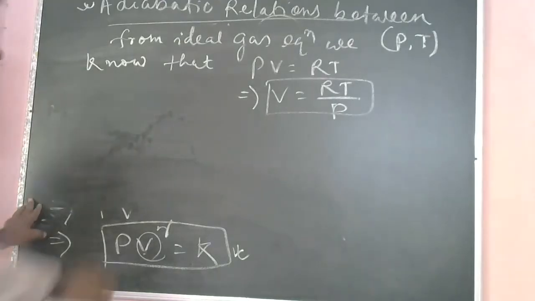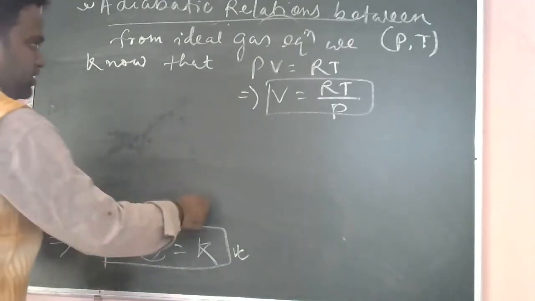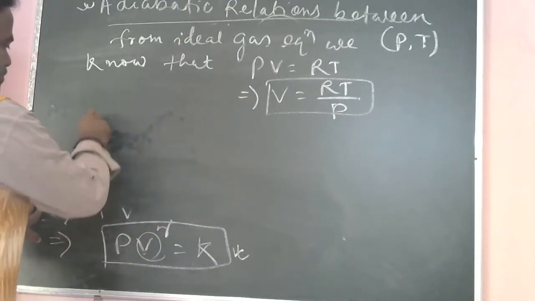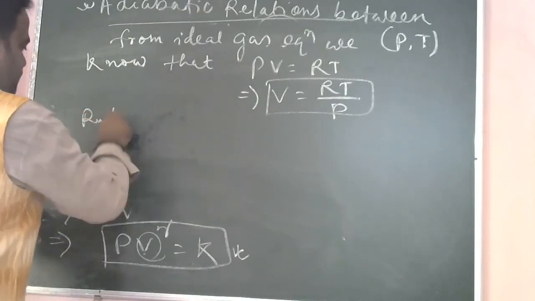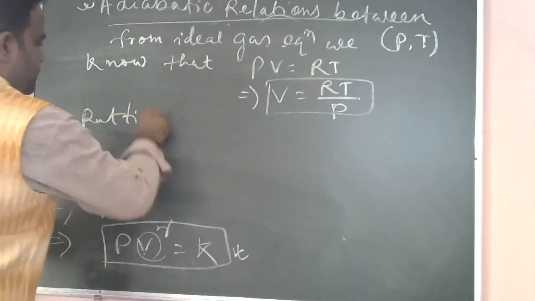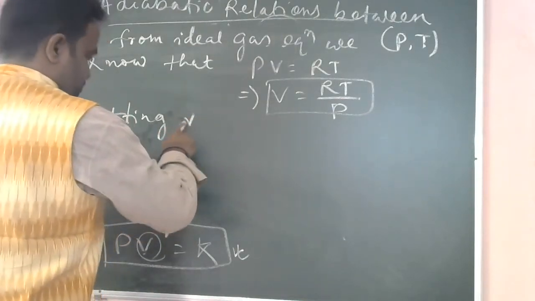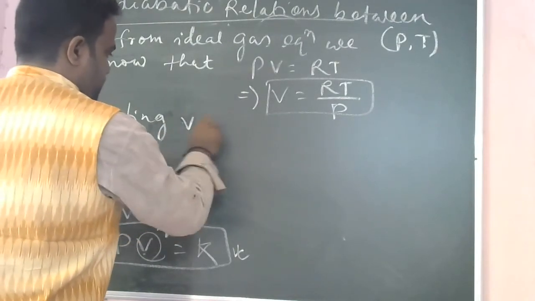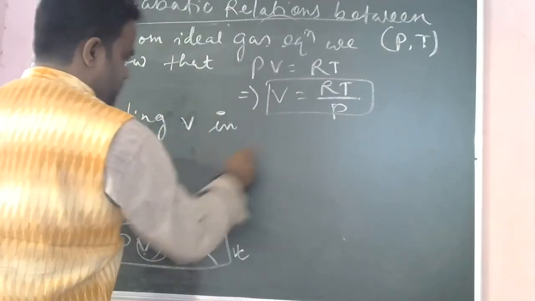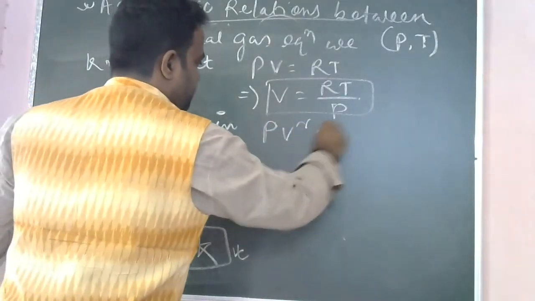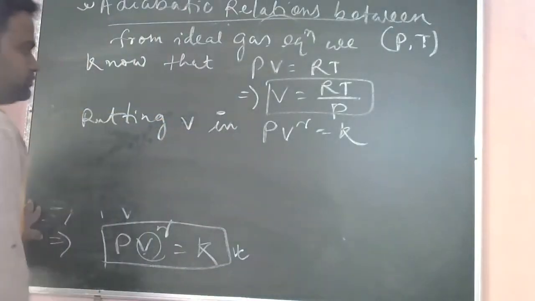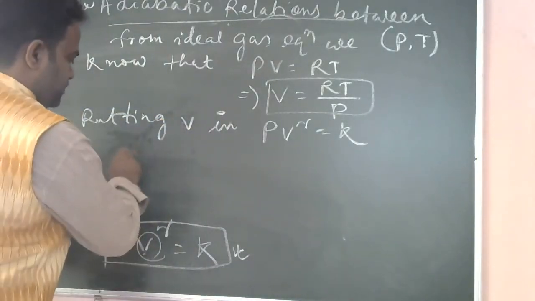So what shall I do? Putting V in PV to the power gamma is equal to constant. What I'll get?